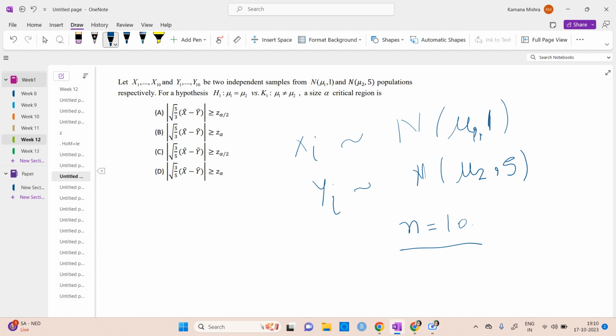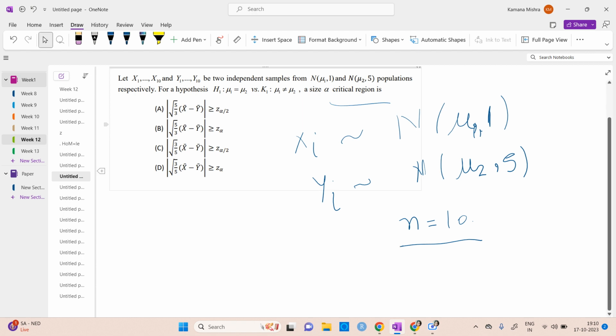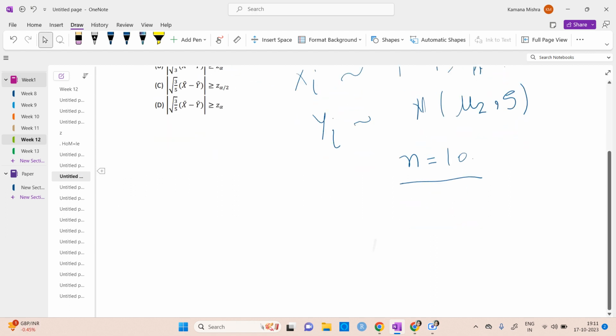So critical region, you can take it as rejection region. Okay, so firstly, we can see this is a two-tail test. So two-tail test, obviously greater than will come. Two-tail test, so alpha by 2 will come, alpha will not come. So it would be either B or D. Okay. Now we will check what it would be.